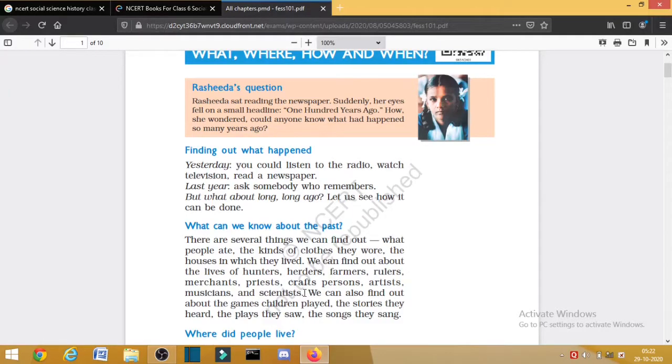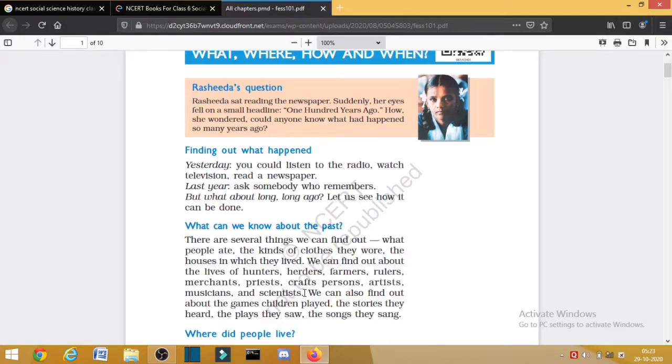See, here, those days, what those people were eating, what kind of clothes they wore, the houses in which they lived, what sort of houses were there.